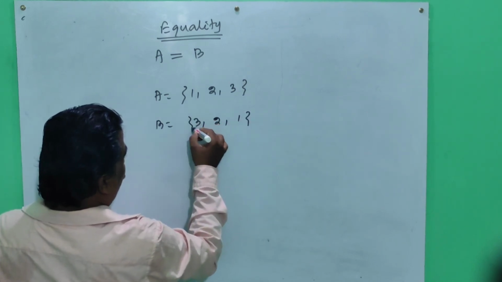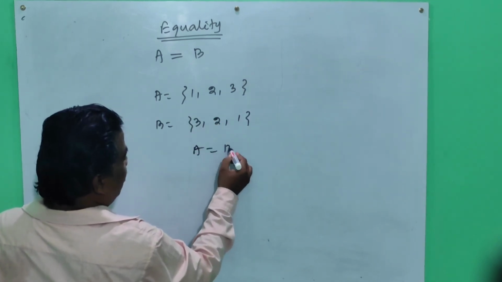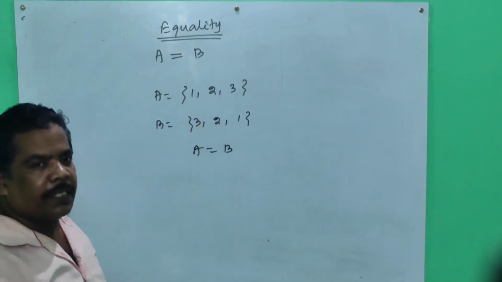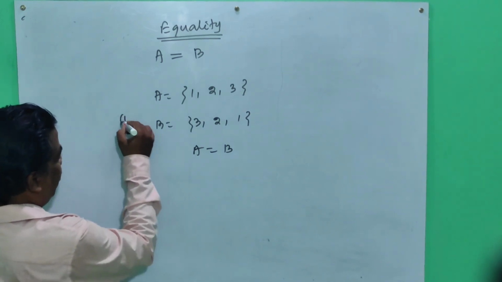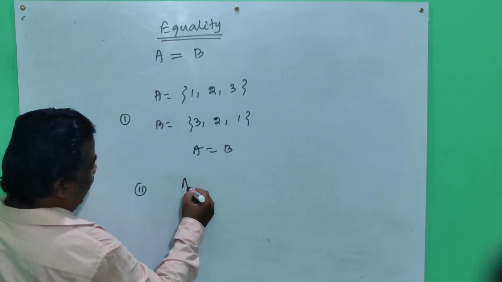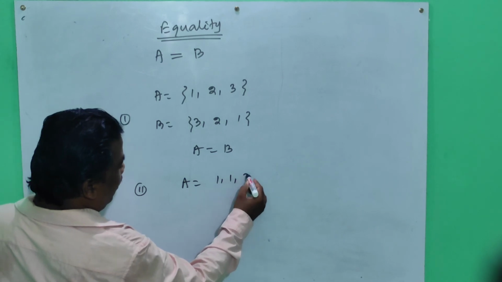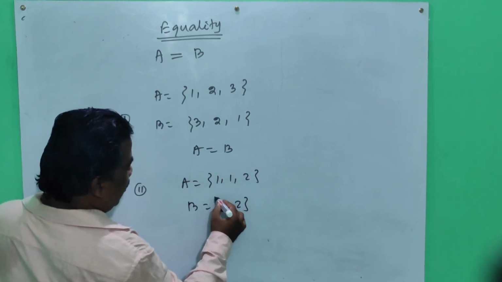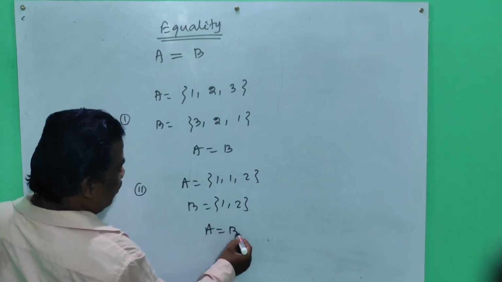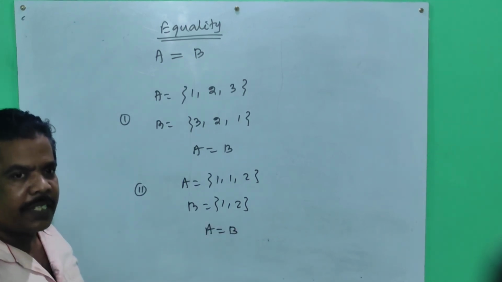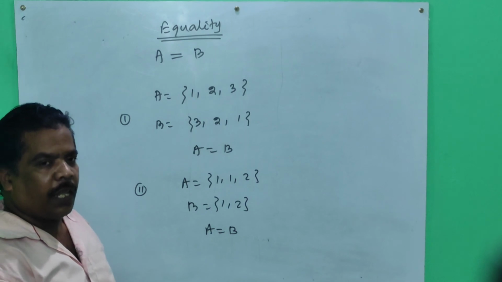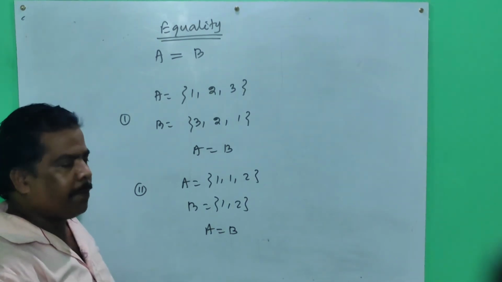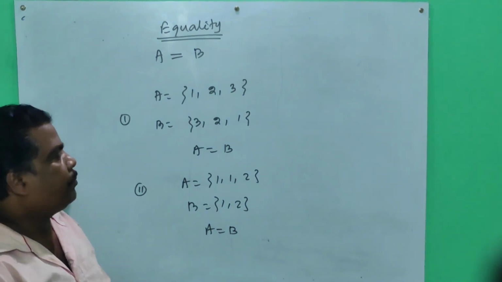Here A is equal to B as A and B possess the same elements. Now take another example. A is the set {1, 1, 2} and B is the set {1, 2}. Here A is equal to B, as A and B possess the same elements. If two sets possess the same elements, then they are equal.